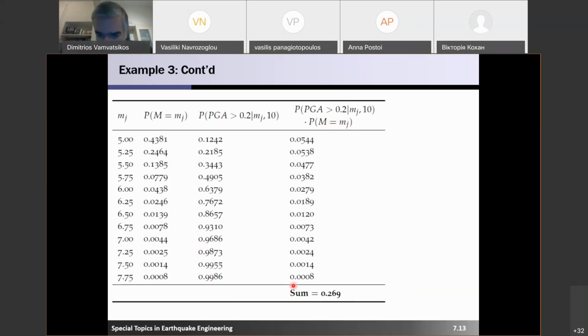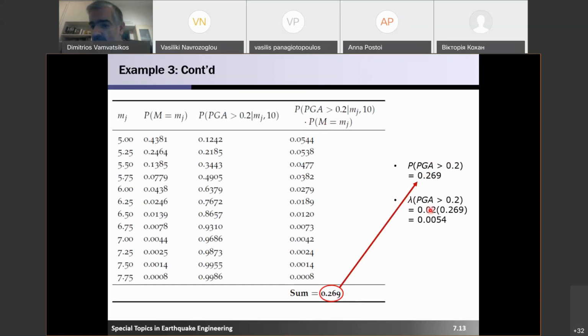If you sum all those up, you get 0.269. Let's see what this means. It means that your probability of the PGA exceeding 0.2g, given all those things, is 0.269. If you want to get a rate, you have to multiply by the source rate, which is 0.002. So you get, let's say, 5.4 in 1,000. 5.4 events in 1,000. That's not so bad.